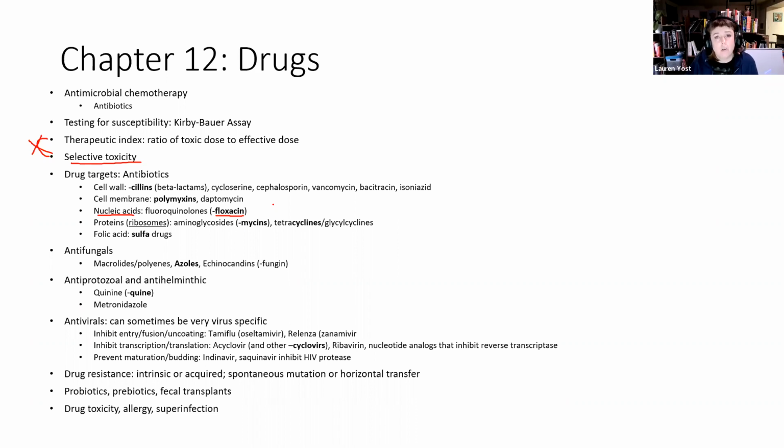And whenever they do that, it makes it so that the DNA can't be replicated properly. Like if we'd had a thymine dimer from the UV radiation or something, right? So the body doesn't really recognize it properly when it tries to match it up and we're making copies. So that's kind of how that works. Those are the nucleic acid ones, the fluoroquinolones ending in floxacin.